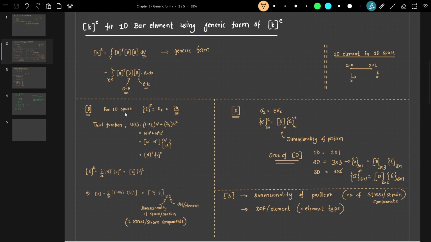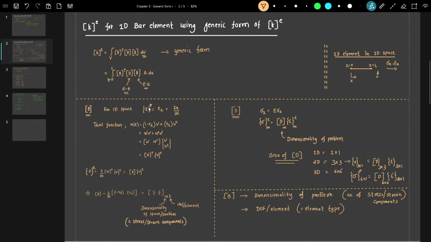So for the 1D case, we know the strain displacement relation is epsilon x is equal to dou u by dou x from our continuum mechanics lecture. Since this is a 1D space, we will have only sigma x and epsilon x, so only one stress and strain component.